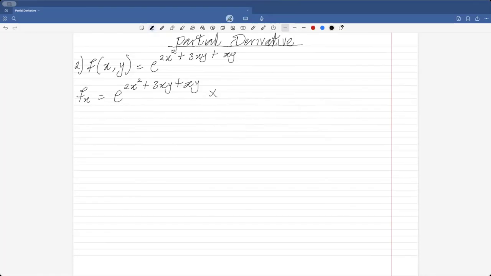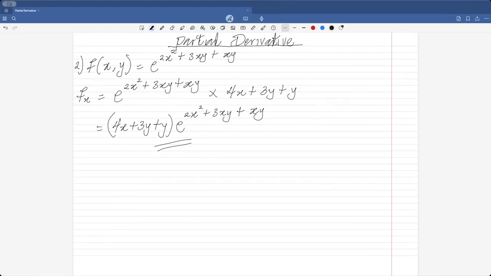We have 4x plus 3y plus y. So finally, we have 4x plus 3y plus y, all in parentheses, e to the power of 2x squared plus 3xy plus xy. And that's the final answer for this problem.